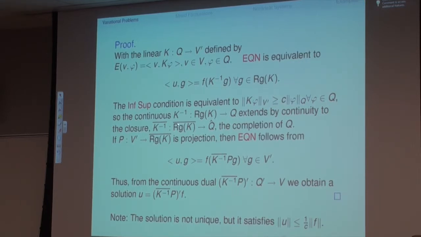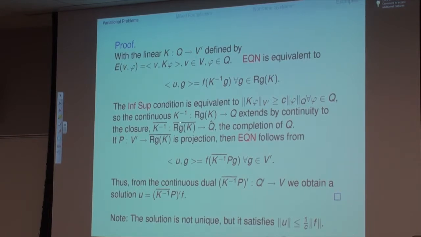And that extension will necessarily carry me into the completion of Q. That's okay, this is sort of abstract at that point. I don't really care what that is. What I need to do is extend from the range of K to all of V. Well, if I'm in Hilbert space, I have a natural orthogonal projection from V prime into the closure of the range.